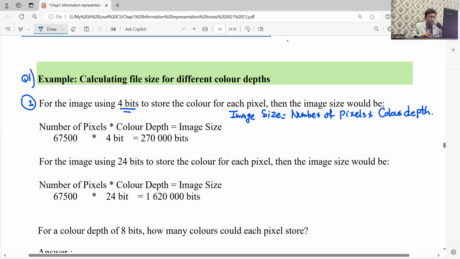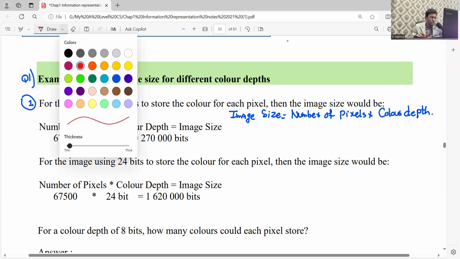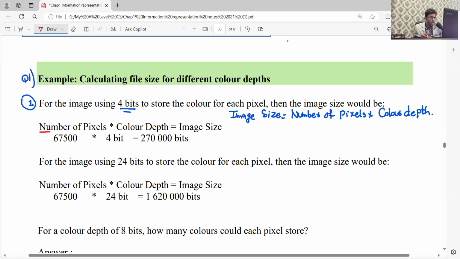So for example, right here you can see that the number of pixels is given, that is 67500, and the bits were given in the question. So if I multiply both of them, I have the answer, that is the image size in bits, right?